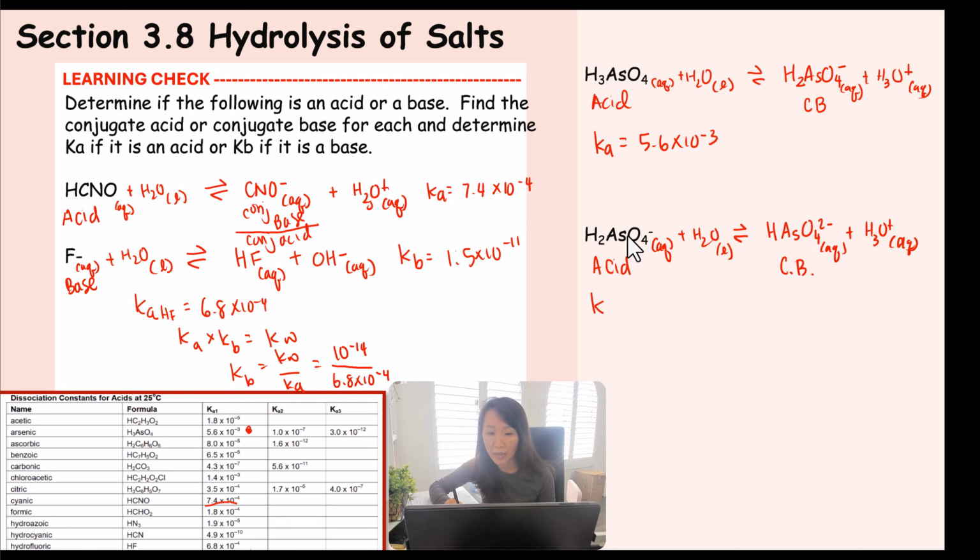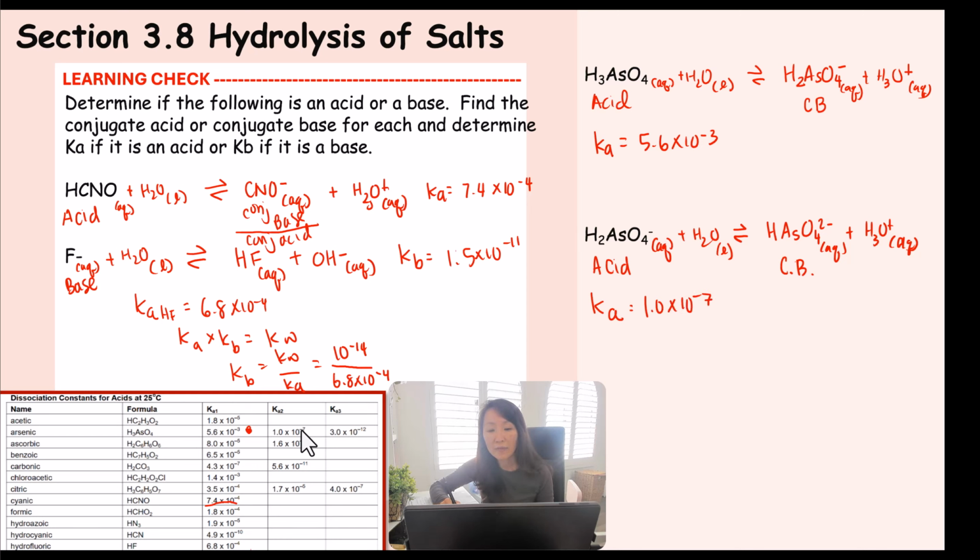That's our second Ka, when it deprotonates the second time. It's not the first one that we did here, but it's coming from this point, where one of the hydrogens has already come out, just one. So we're starting off right here, and the Ka value is 1.0 times 10 to the negative 7.